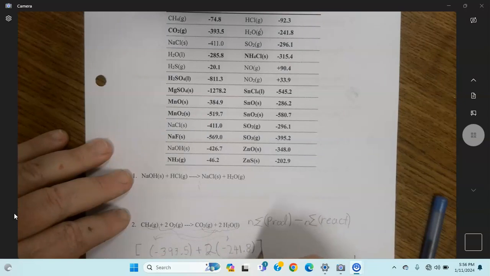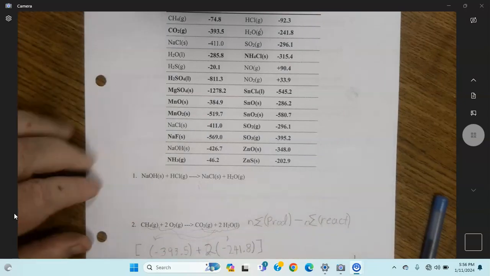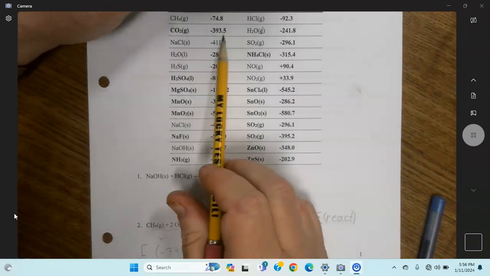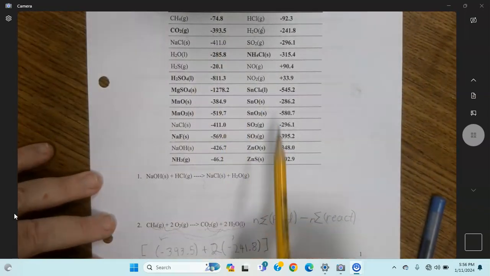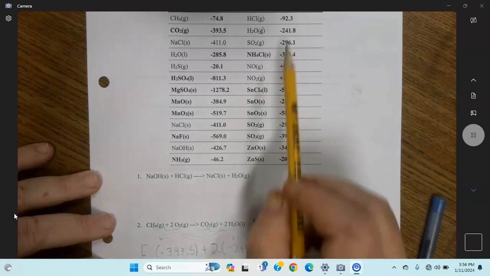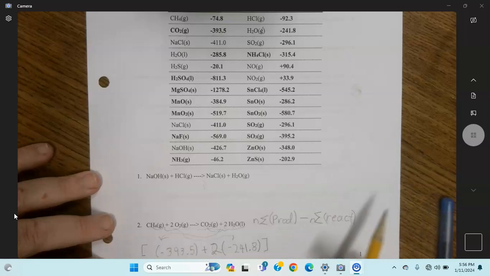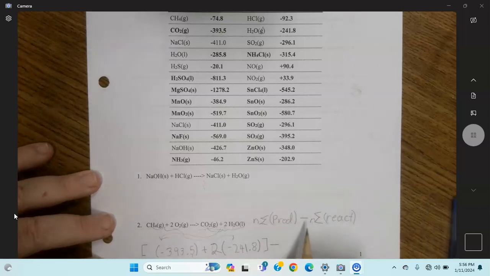Okay, there we go. So again, be sure you understand that this is for carbon dioxide. It's up here, negative 393.5. This is for water, is that number, and you have 2 moles of it right there, so that's how you do it. So you're going to add those 2 numbers together. Now you're going to put a minus sign. You're going to subtract the reactants.